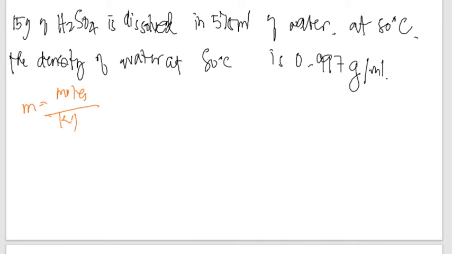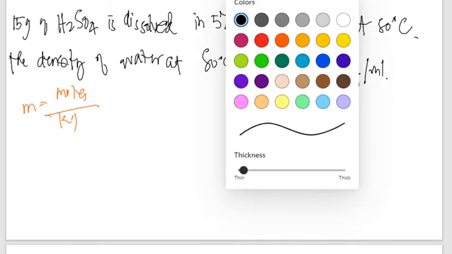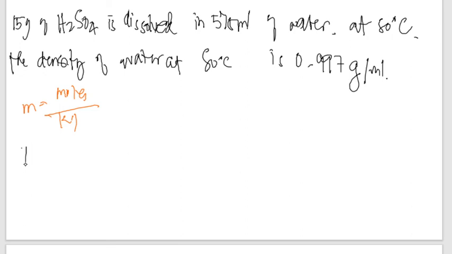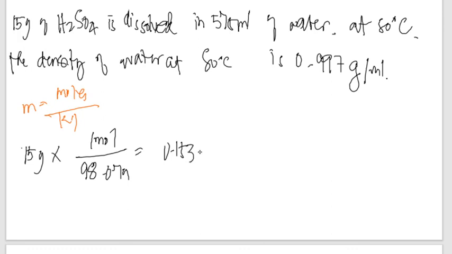So, 15 grams times the 1 mole of H2SO4 over 98.079 grams is equals to 0.153 mole.